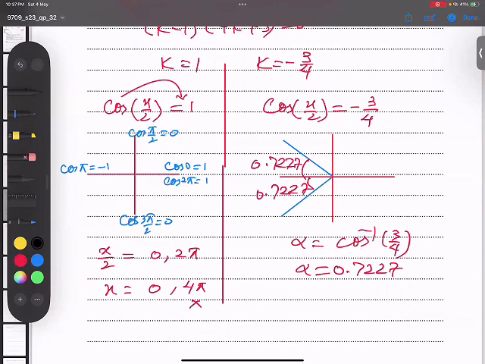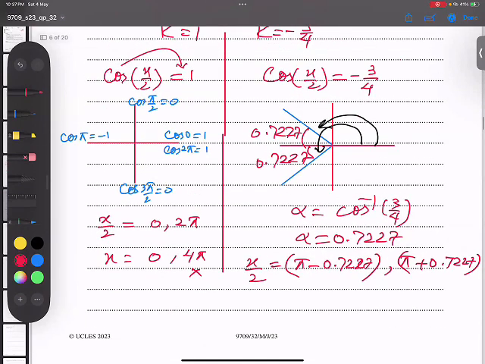So my first answer is coming from here till here. The second is here, so I bring back this angle. So x by 2 turns out to be pi minus 0.7227 and pi plus 0.7227. This 2 will multiply, students, with both values. Let's see what answer comes from here. Pi minus 0.7227 times 2, my first answer comes to 4.84.